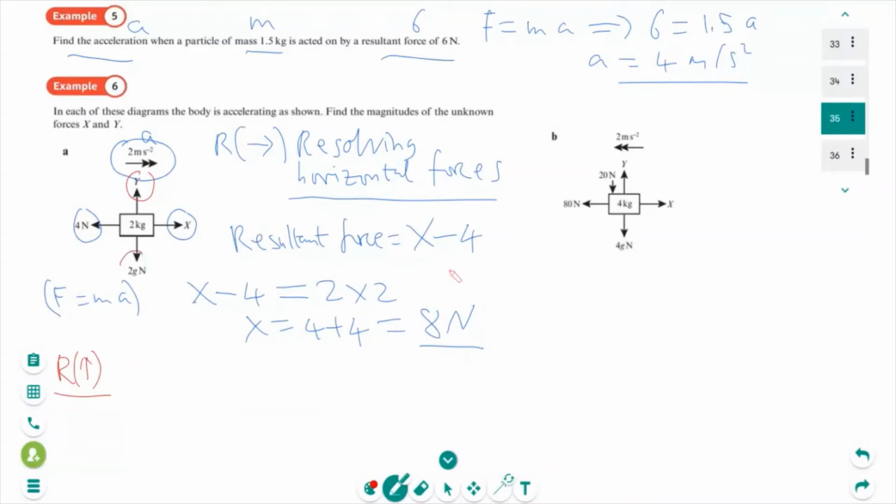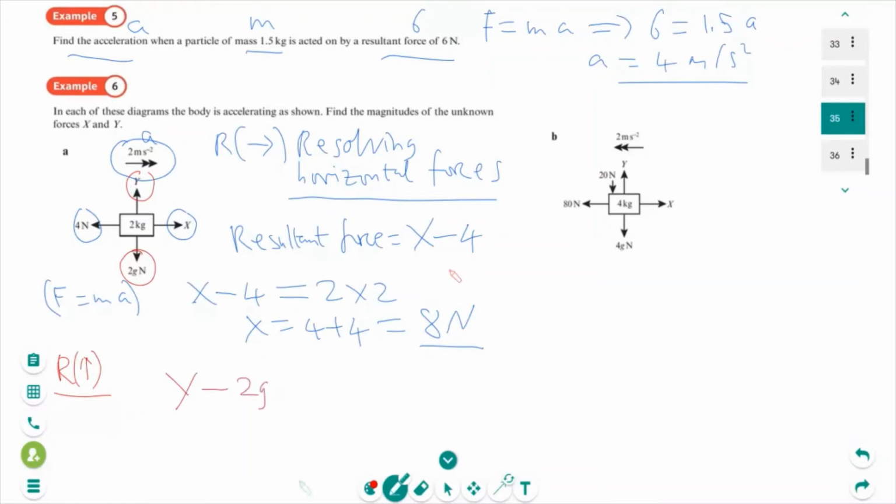If you take the upwards direction as positive, the resultant force, the overall upward force, will be y minus 2g.